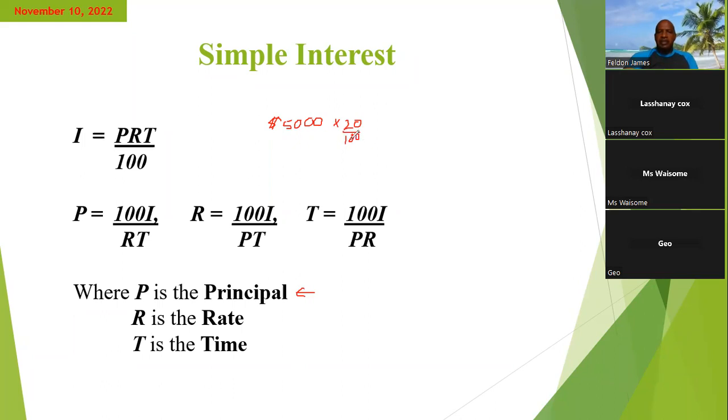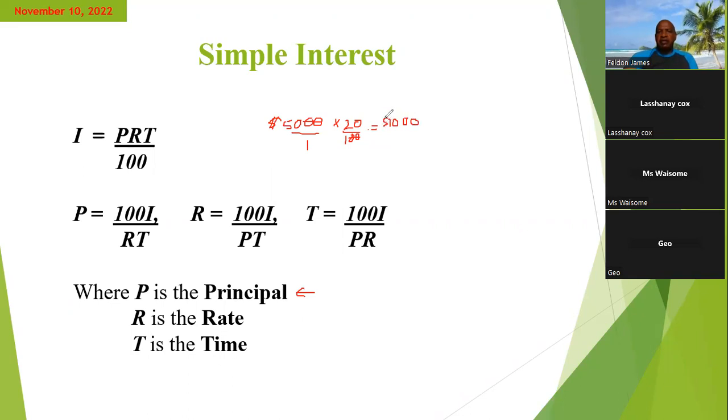So you would cancel zeros below with zeros above. All right. And so you multiply what you have remaining in the numerator, and this would be over 1. So we would have 50 times 20 give you what? 1,000. It will give you $1,000. And so your interest for the year would be $1,000.